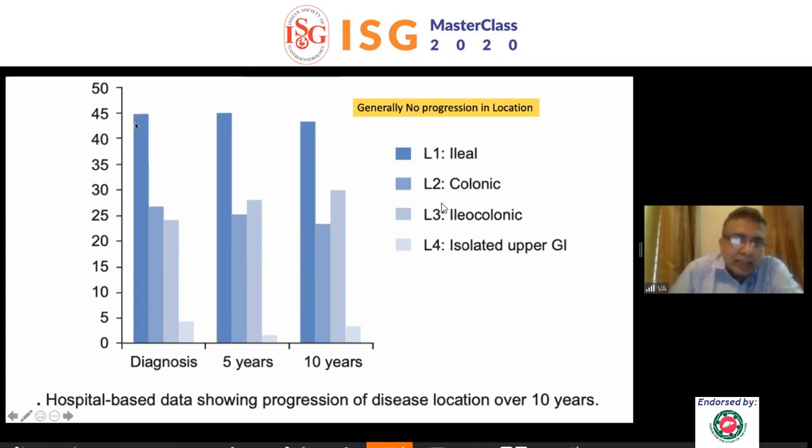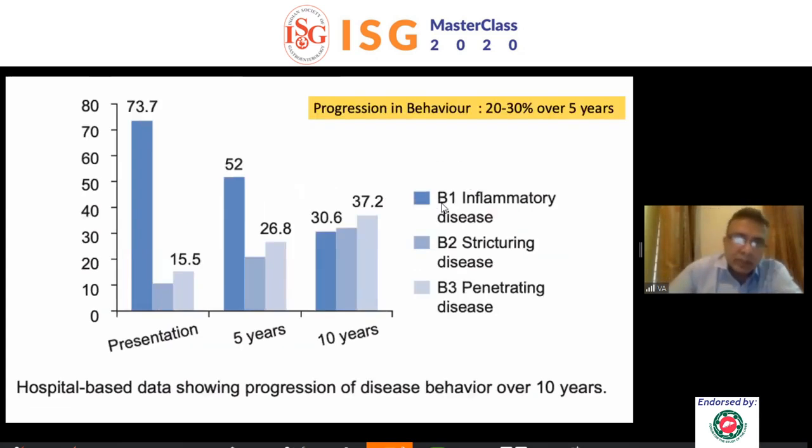People who had ileal disease to start with, 10 years later, still the same proportion of people had ileal disease. People who had ileocolonic disease, roughly the same proportion had ileocolonic disease. Generally, there was no progression in the location, whereas in ulcerative colitis, there is often an increase in the disease location, progressing from proctitis to left colitis to pancolitis, or maybe a reverse.